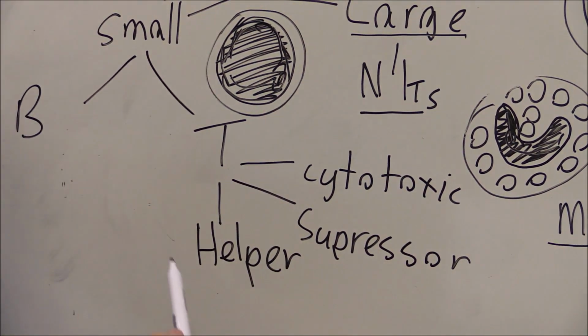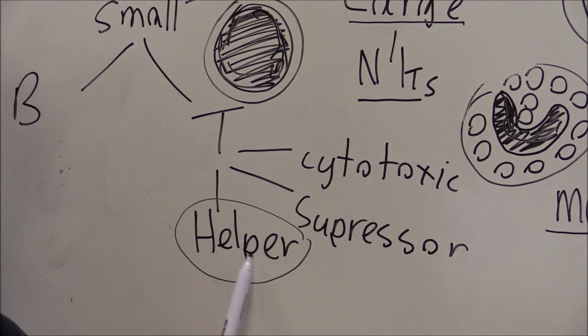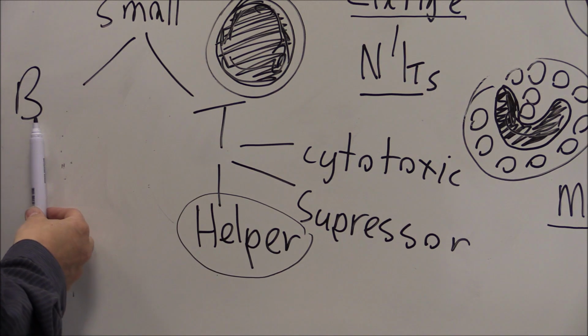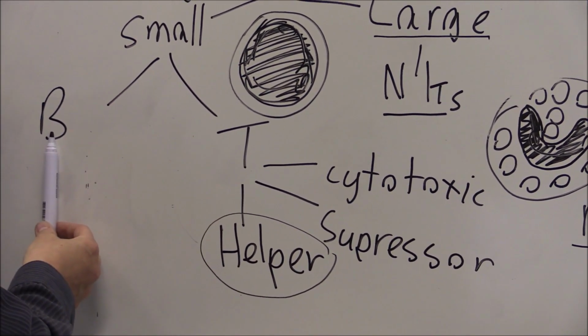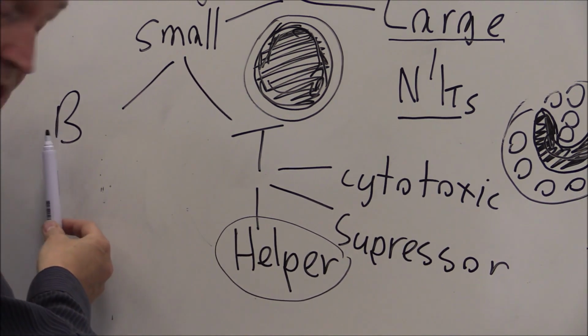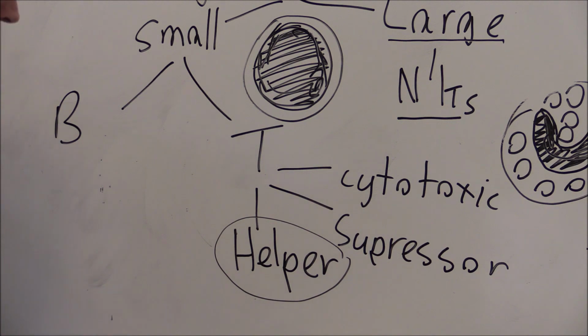Now the T helper cells, what these do is they help the B cells. So the T helper cells help the B cells to produce antibodies, that is the immunoglobulins, the specific immune proteins.